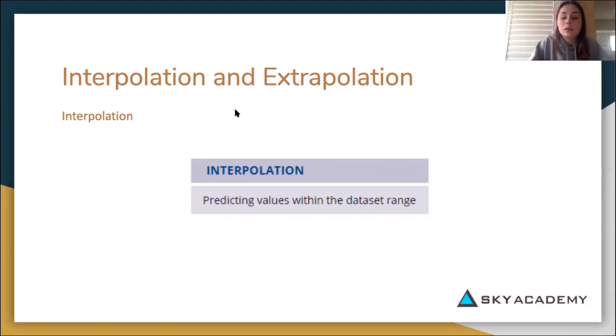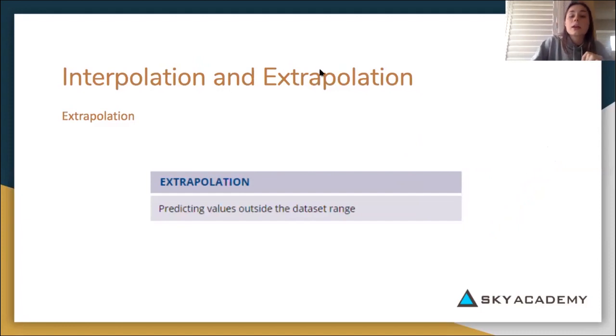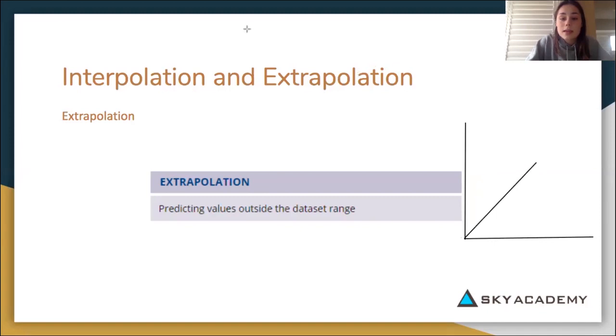If we have a look at extrapolation, however, extrapolation is predicting a value that is outside the data range. So if I was to do another example, drew up my graph and my line of best fit, and I had 2 values again, one value at 4, one value at 6, and I decided to predict my value when x equals 8.